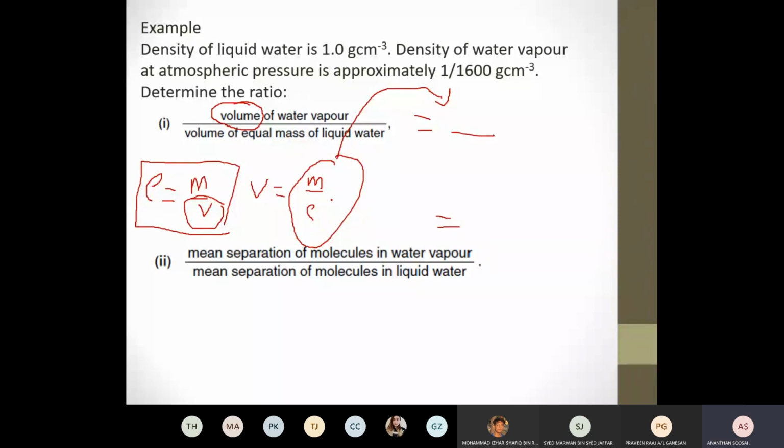Mass over density. Determine the ratio. So the mass for both of them we assume the same. So up here, mass m over the density. On top is vapor. Vapor is 1 over 1600.